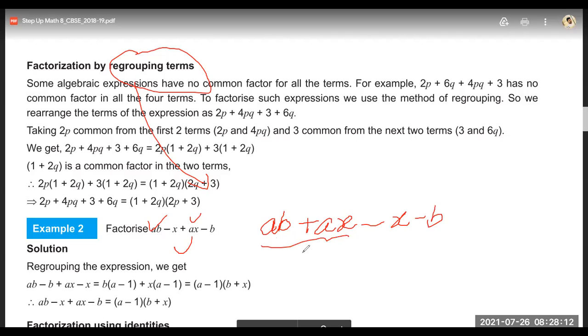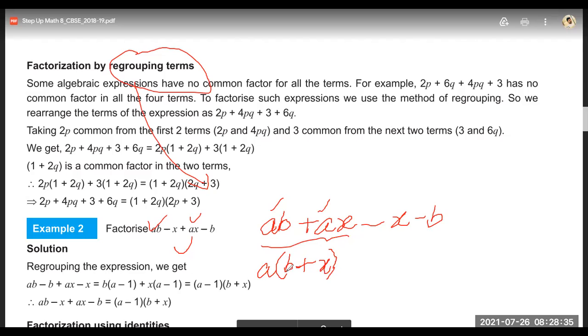Now in these 2, what is the common value? After regrouping, we will follow the same common factor method. a is common in these 2, so I'll take a common here. Now it is b plus x, because a from both is taken outside.